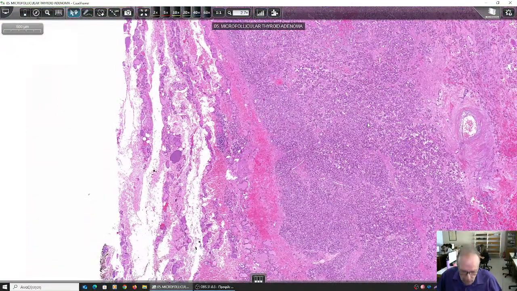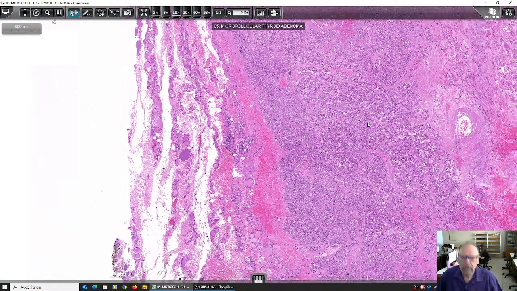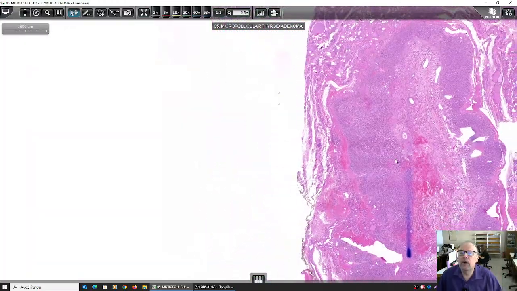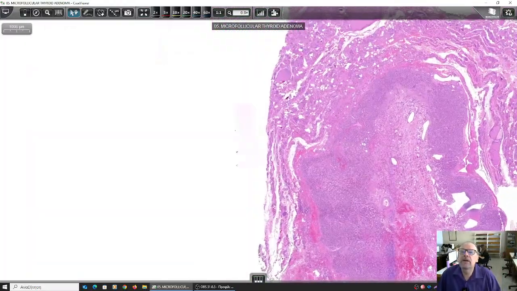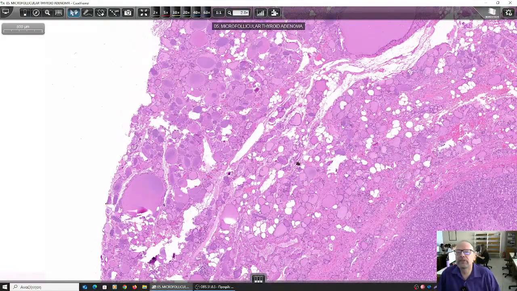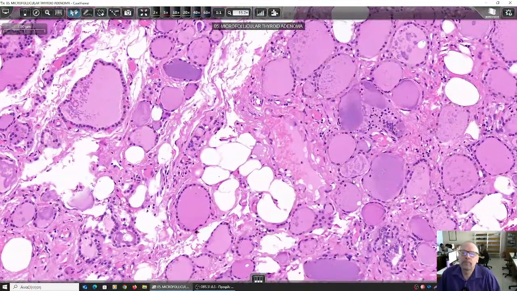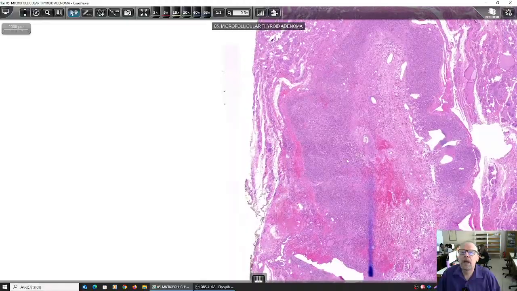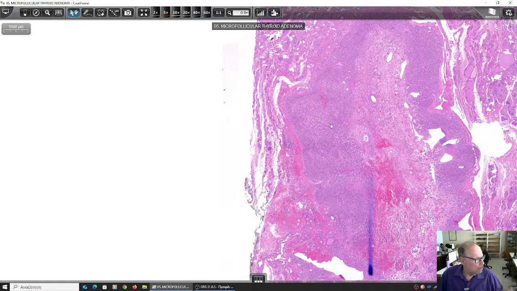This is a single nodule, fully encapsulated throughout its contour, and of course it looks different than the normal adjacent parenchyma. It's different. Okay. And oh, I forgot the most important. There are no signs of papillary carcinoma nuclei.